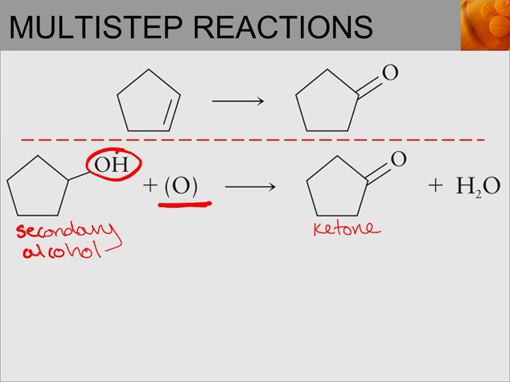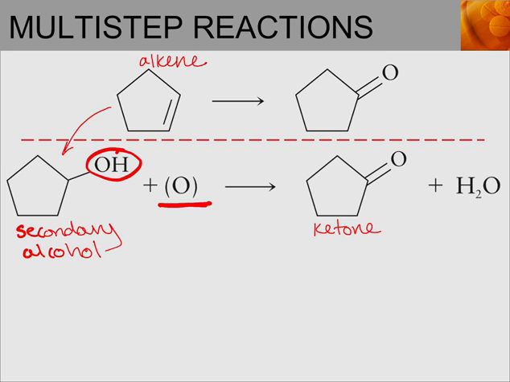But we need to figure out, okay, we're starting with an alkene. Is there any way to go from our alkene to this alcohol here? So is there any way to turn a double bond into an alcohol? Yes.